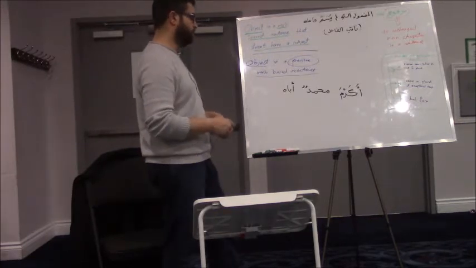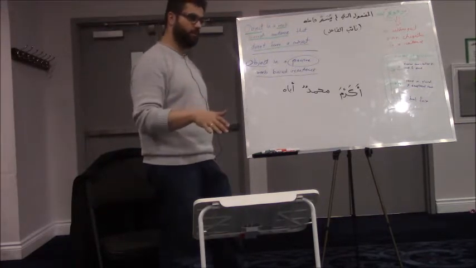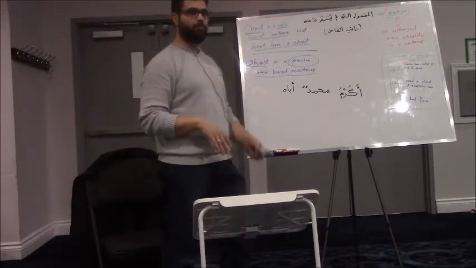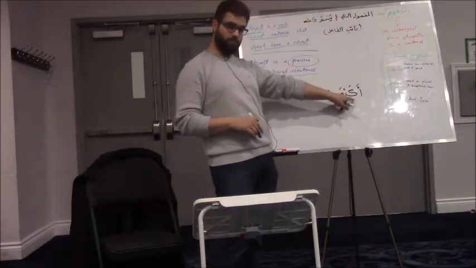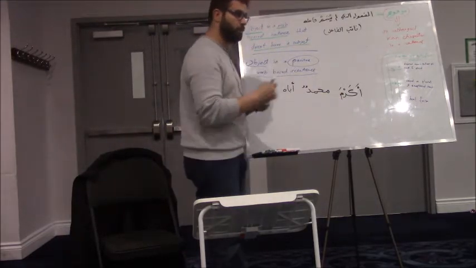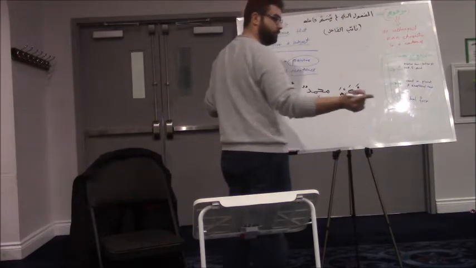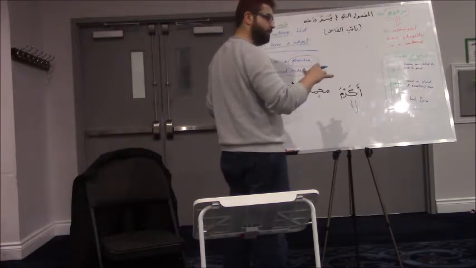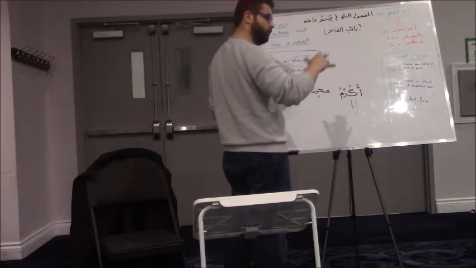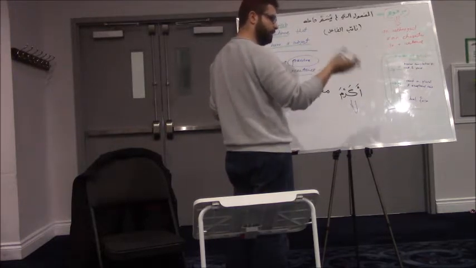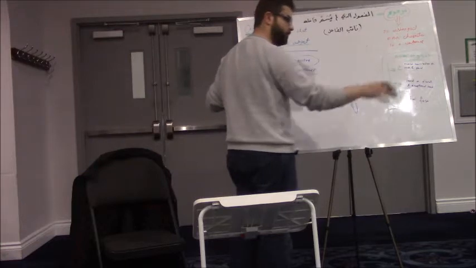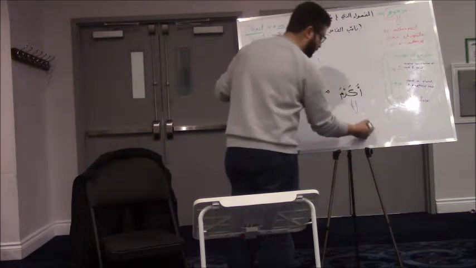So I want to remove conceptually the subject from the sentence. It's a verb-based sentence, I want to make the active verb a passive verb. So how am I going to turn it into a passive verb? Ukrima, right? Yaf'al, yuf'al, akrama, ukrima, or fa'ala, fu'ila, akrama, ukrima. Again, I didn't give you all the derivatives for these things, I gave you a few. So ukrima.